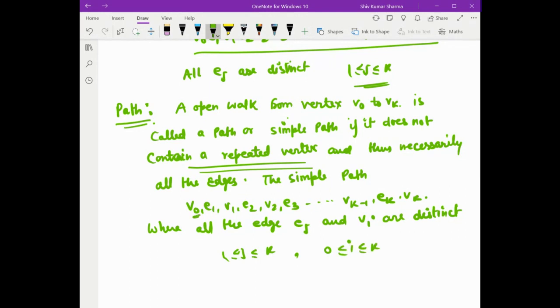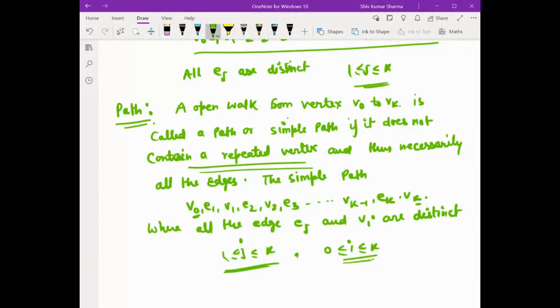That means we use vertices from V0 to Vk, denoted by i, and edges from E1 to Ek. So you understand the definition of path.